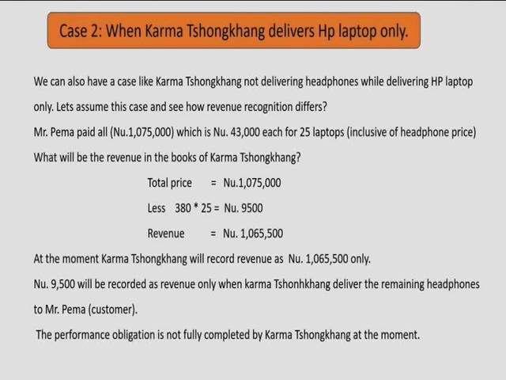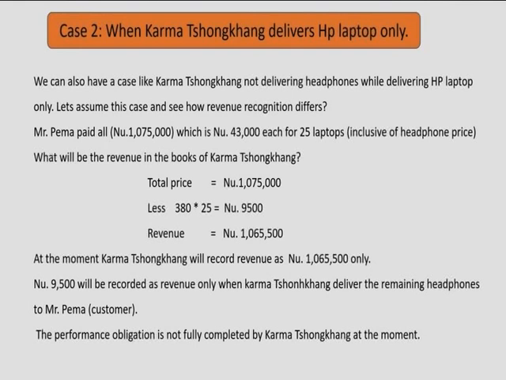Now see, the total price of the transaction is 1,075,000. Less 380 times 25, which is 9,500. So revenue at this point of time in Karma Hong Kong should be less by 9,500, which is 1,065,500.